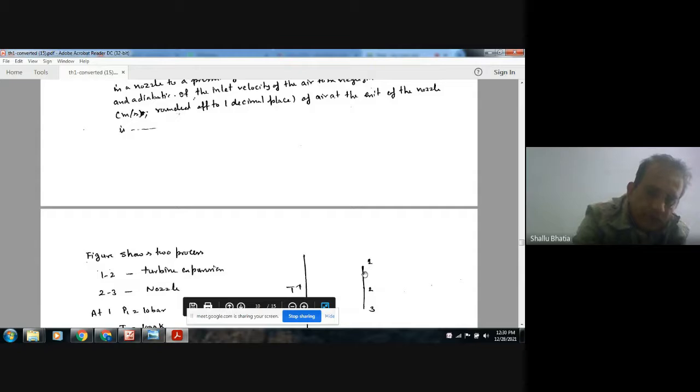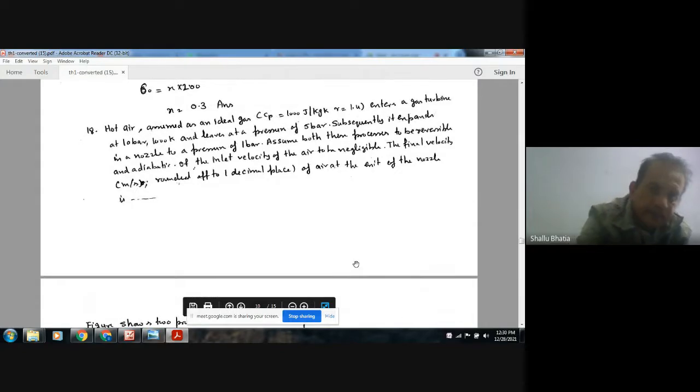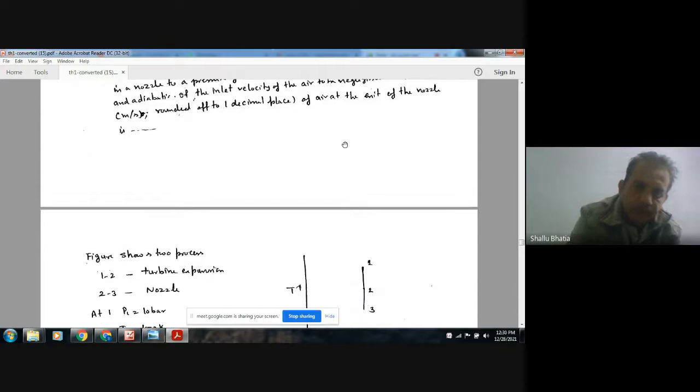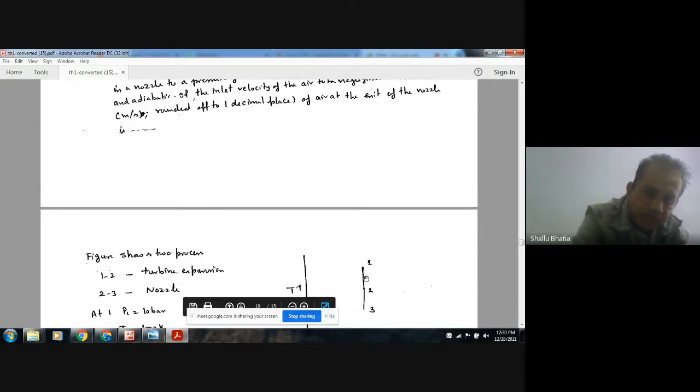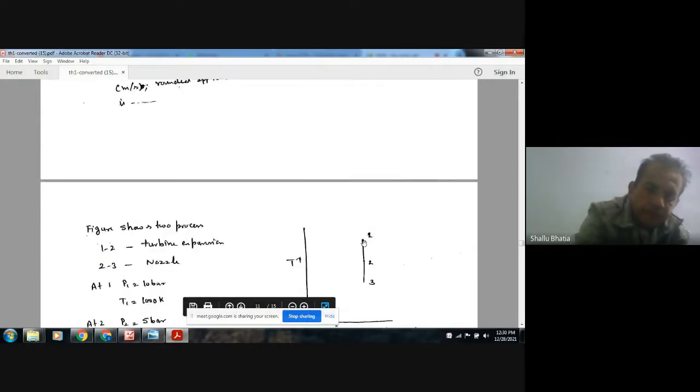In 1-2 the pressure is dropped and work is obtained from the turbine, and in the nozzle the pressure is dropped and the velocity of the gas is increased. So in 1-2 there will be no velocity increase. If the velocity at 1 is 0, then the velocity at 2 is also 0. So 1-2 is the turbine process, and 2-3 is the nozzle process.